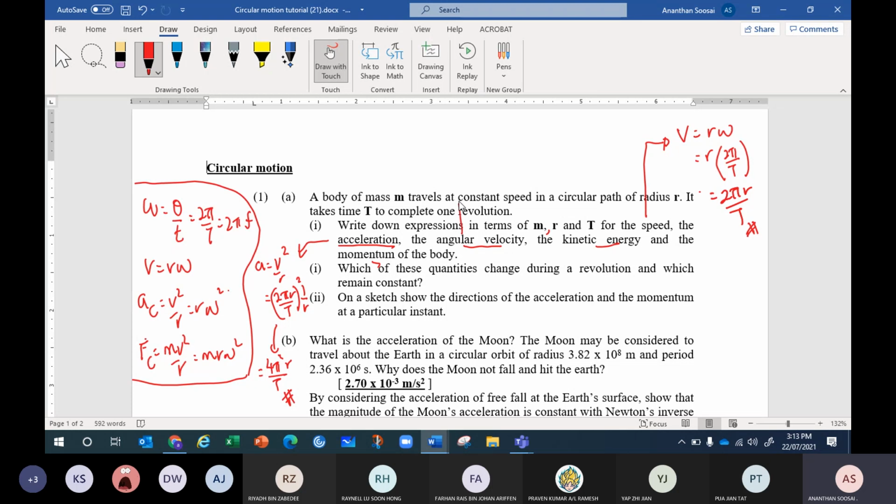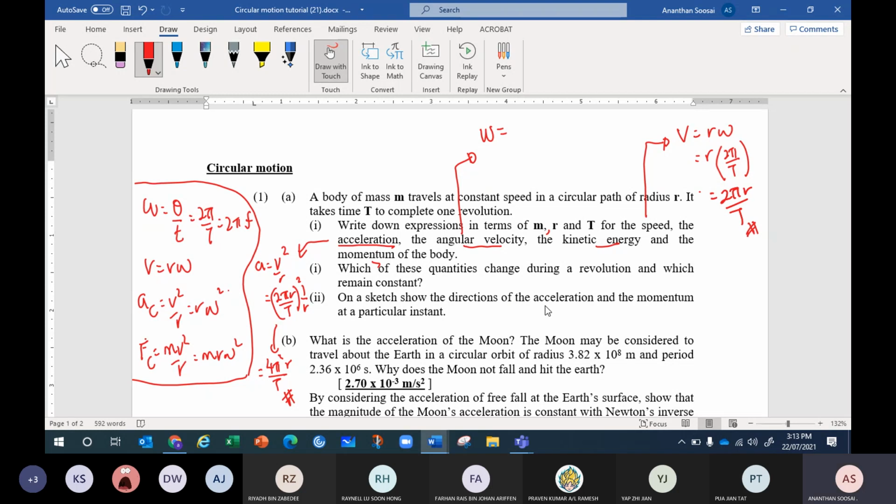Okay, we go to angular velocity. What do you think angular velocity should be? Omega. Angular velocity is omega, right? Can you give omega in terms of m, r, and t?